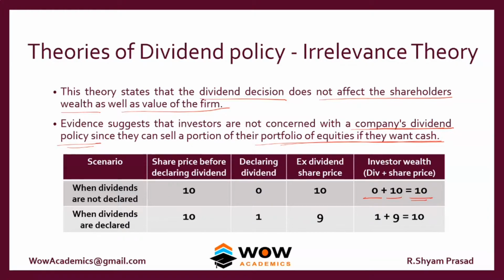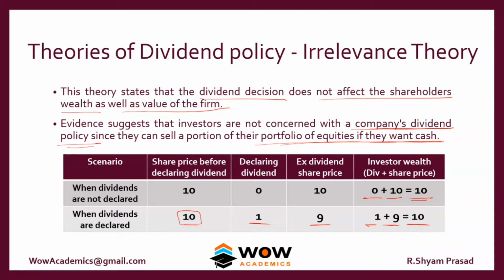If dividends are declared, what would happen? If a company declares a dividend, the share price will proportionately fall. So if the company declares 1 rupee as a dividend, the share price will become 9. The new share price is 9 rupees, the dividend is 1 rupee, and the shareholder wealth is 10 rupees. So it works in the same way.